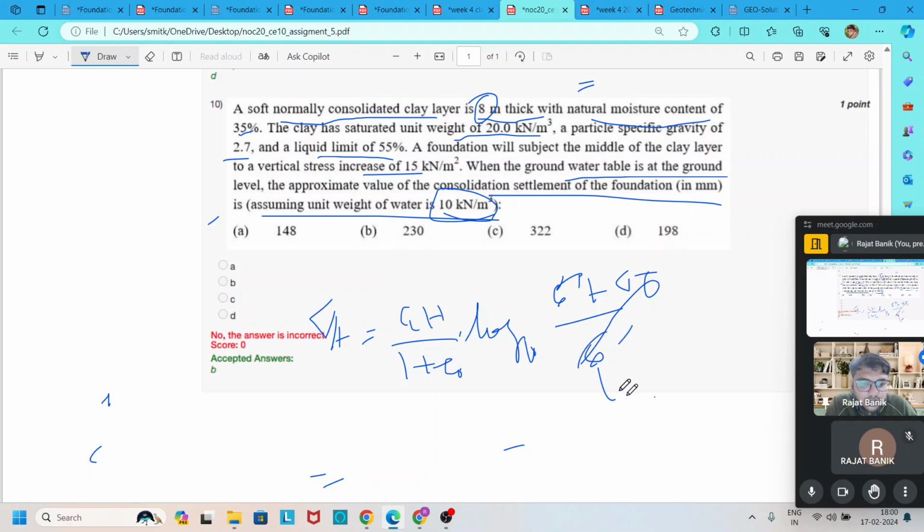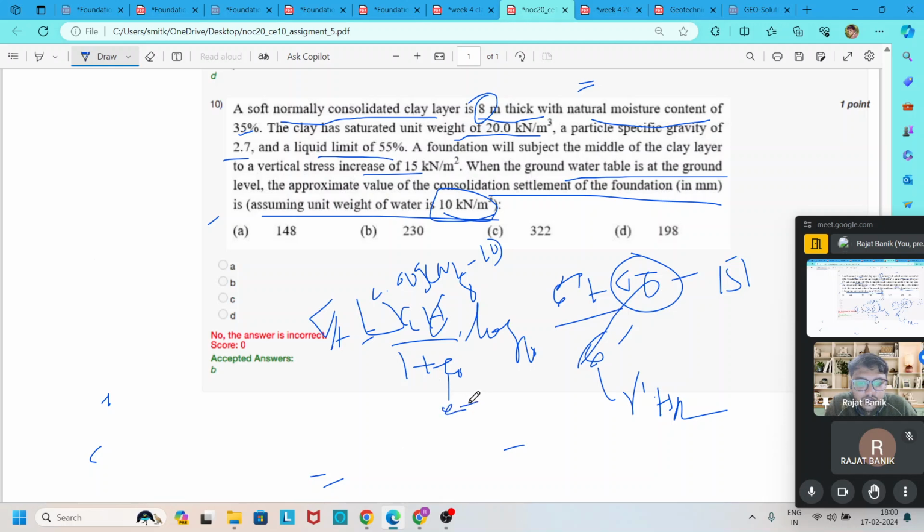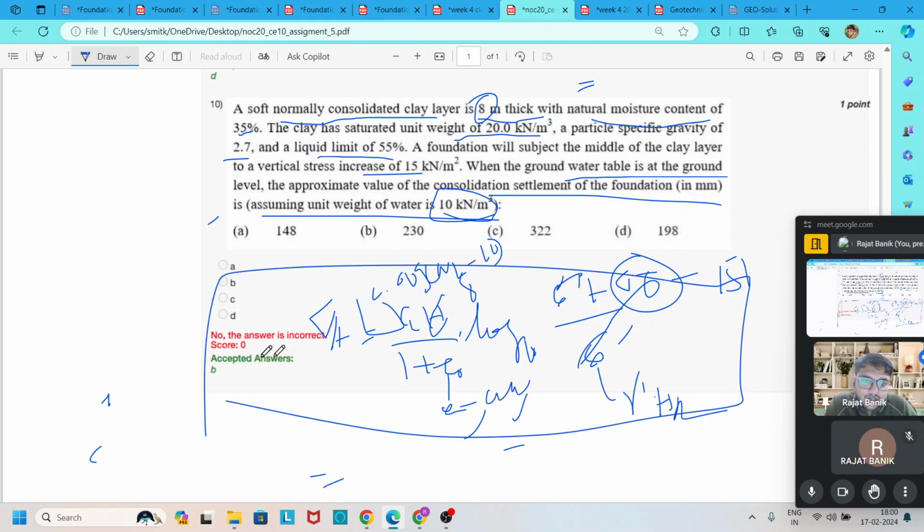Where sigma dash we found as gamma dash into H by 2, and del sigma is given 15 kilonewton per meter square. H is 8, Cc we found as 0.009 into (WL, liquid limit, minus 10), and then e naught is found from e is equal to G into w, the moisture content and specific gravity of the soil. Put all these values and get the answer.